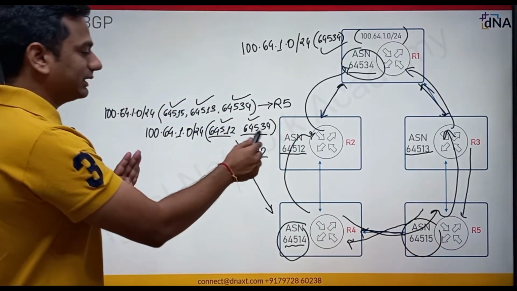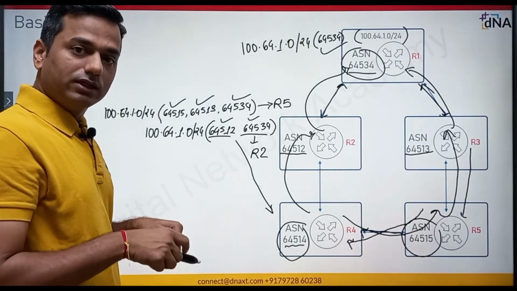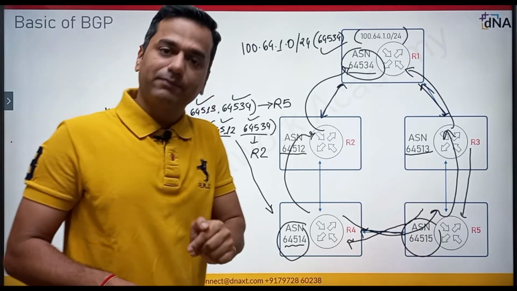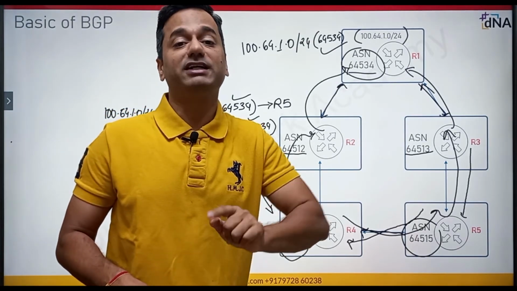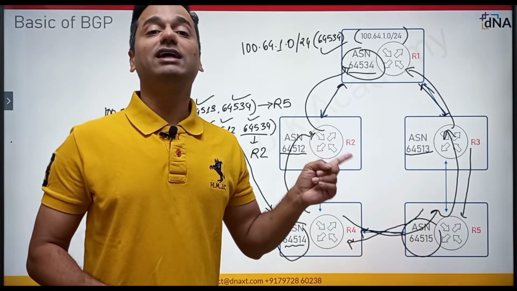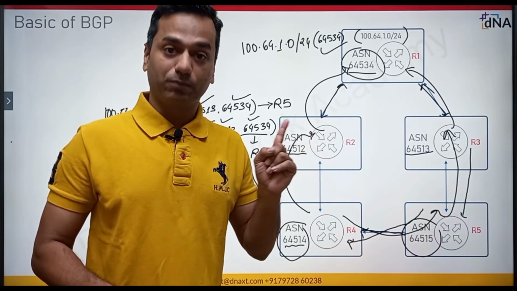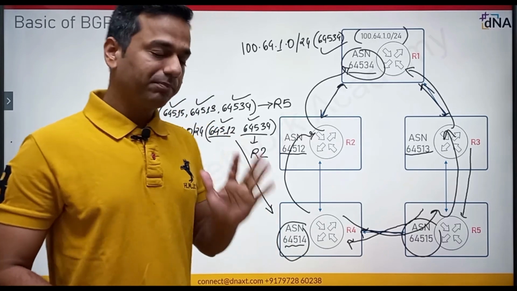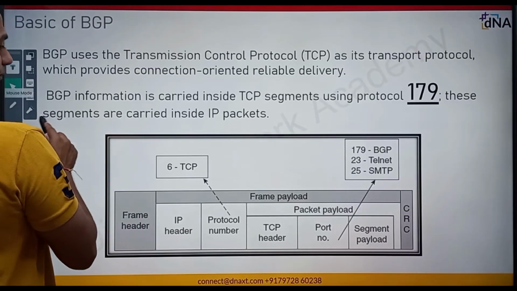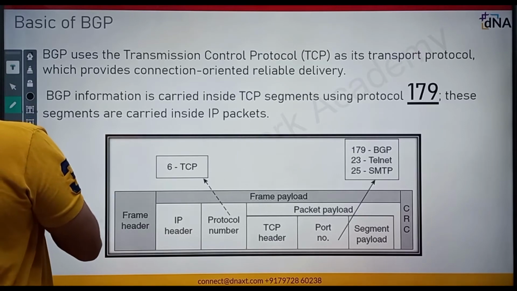So the R2 path will get installed into the routing table. It's not just about the AS path. There are several attributes based on which BGP will select its best path. But currently we are discussing the advanced distance vector routing protocol. Clear? Perfect.